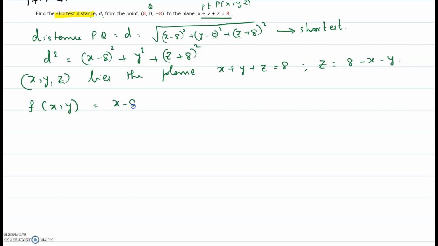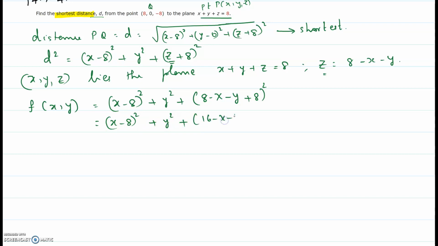That is the one we want to minimize, the distance squared function, which is (x - 8) squared plus y squared plus z, which can be replaced by 8 - x - y, plus 8, the whole squared. I am substituting for z from here. So this will be (x - 8) squared plus y squared plus (16 - x - y) squared. This is our function f(x, y).